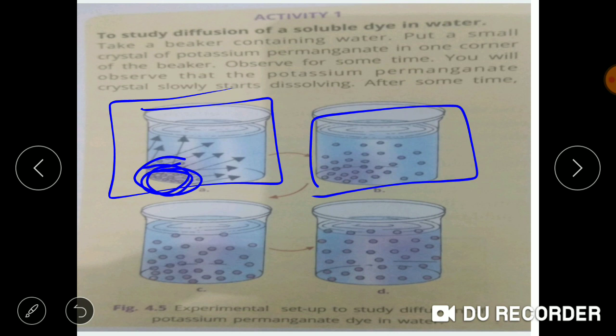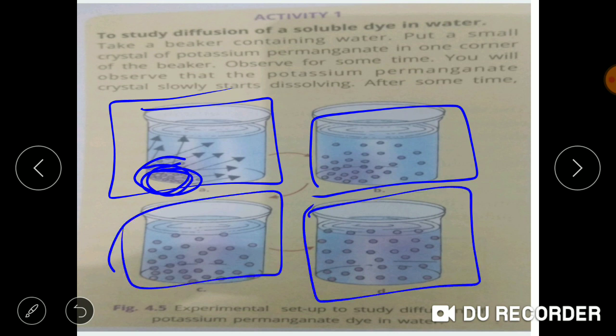It kept on moving until equilibrium was maintained, until it was completely spread equally to all the sides of the beaker. And this takes place due to the process of diffusion.